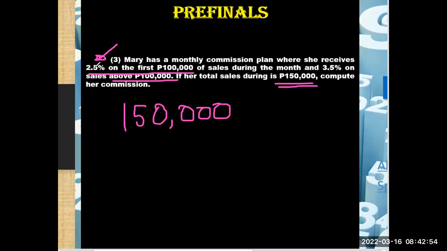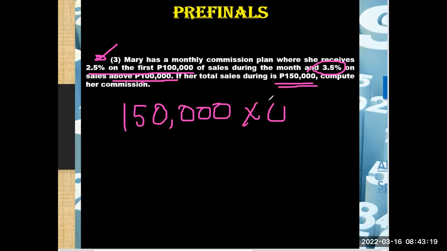Is it the 2.5% or the 3.5%? Kasi ang sabi, where she receives 2.5% on the first 100,000 of sales during the month. Okay, and 3.5% on sales above. So yung maa-apply is this one. Kasi above siya eh, di ba? So ang compute ay 3.5%.